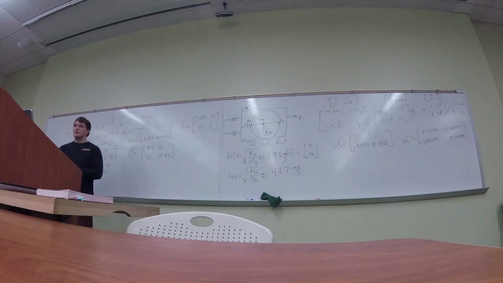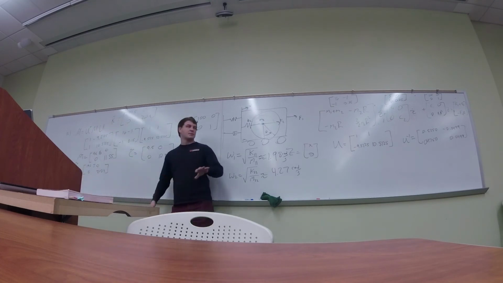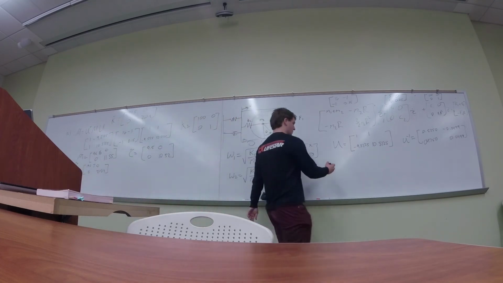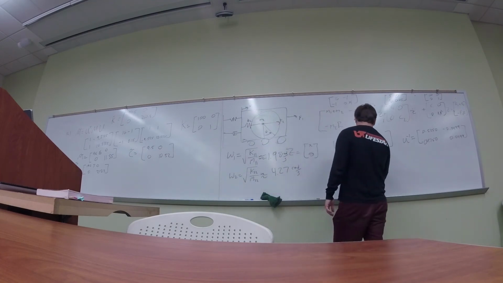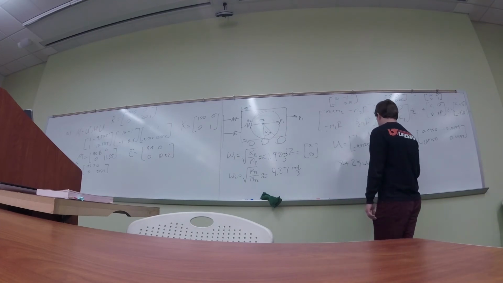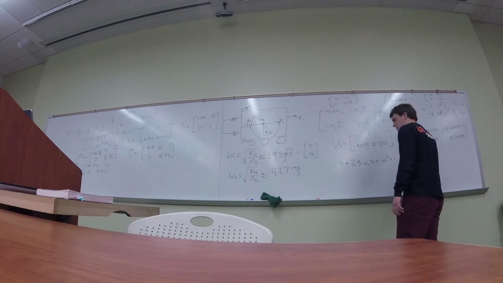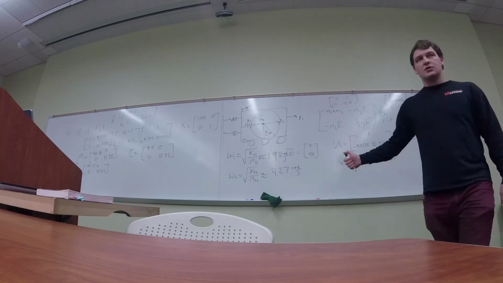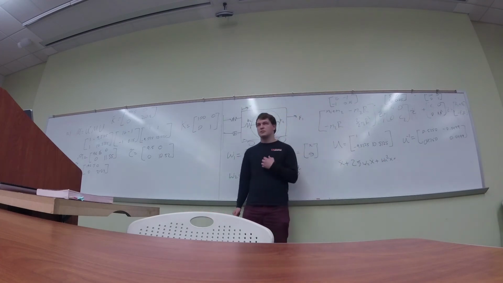No. If we look at a single degree of freedom system, we have 2 zeta omega n x dot plus omega n squared x equals something, right? So with this, how do we find our zeta?